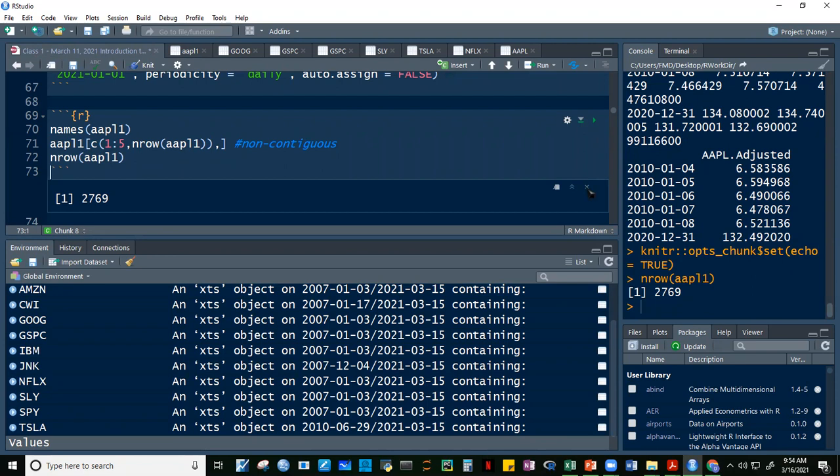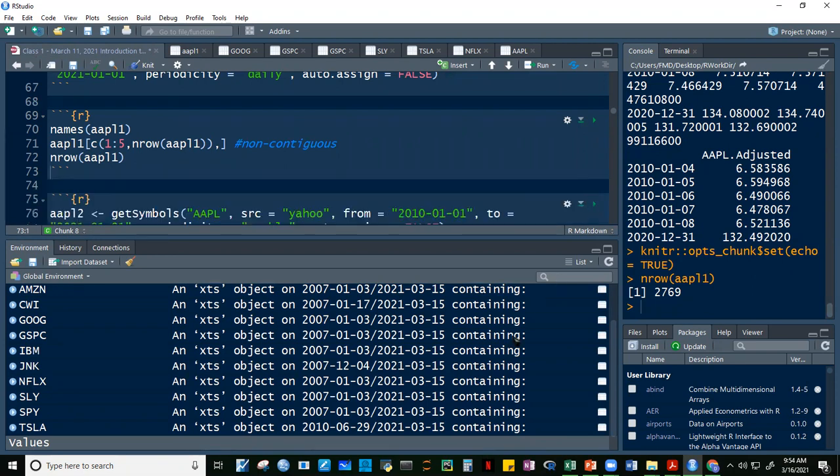Okay, clear? Pero if, for example, sir, you want to get a row in the middle of the data set, kailangan you have to physically find it. Oo, pag ganun, kailangan natin malaman yung position ng row na yun, no?